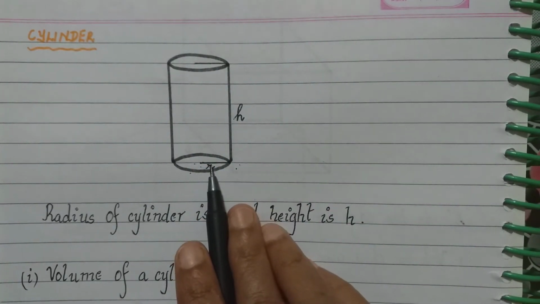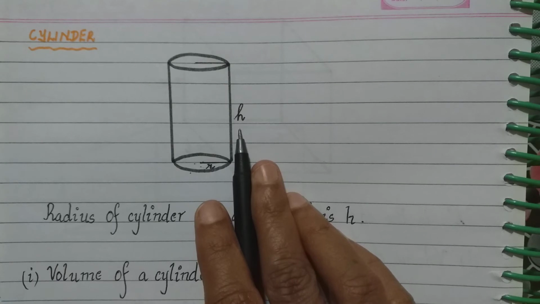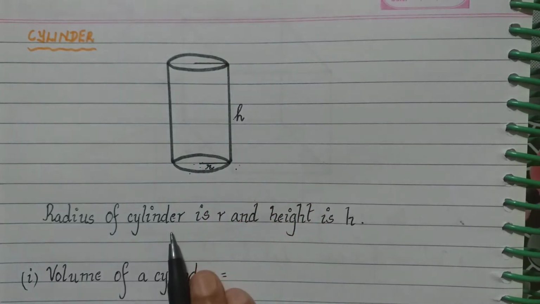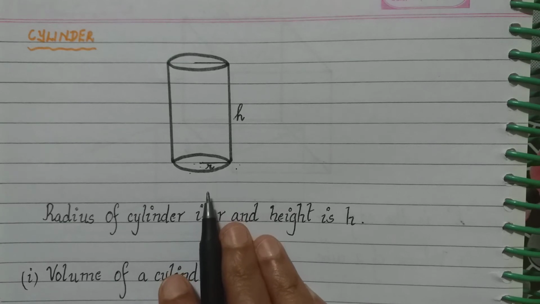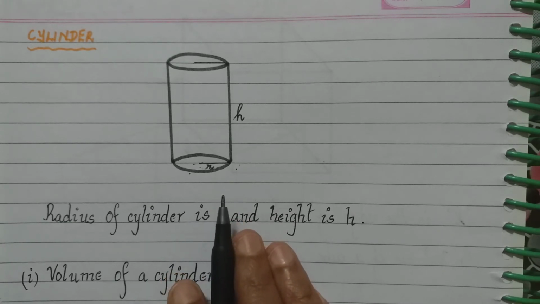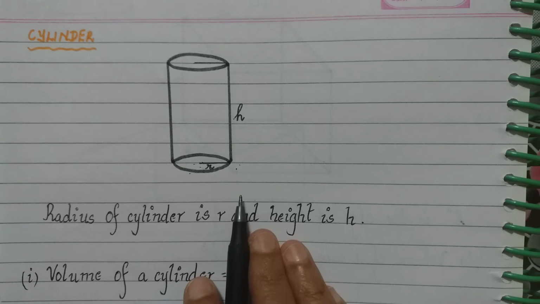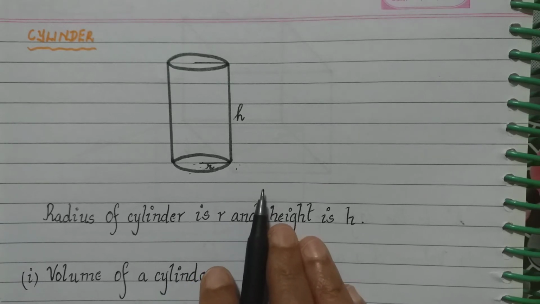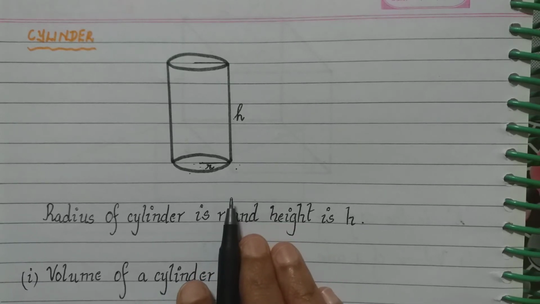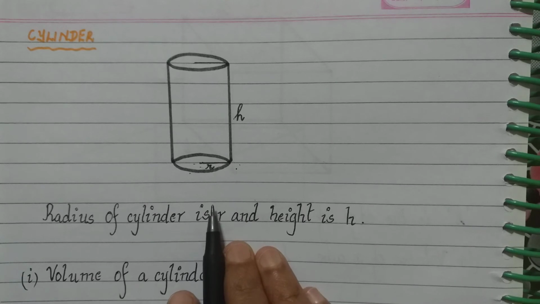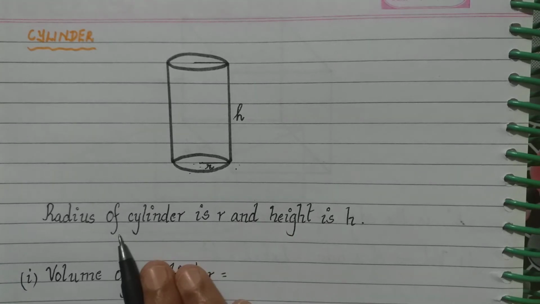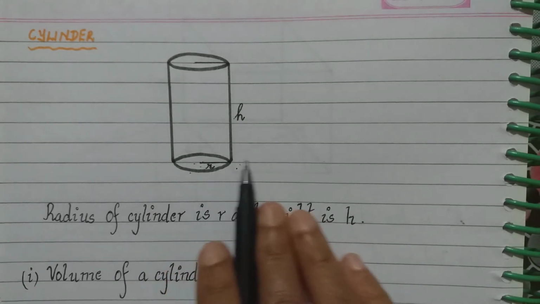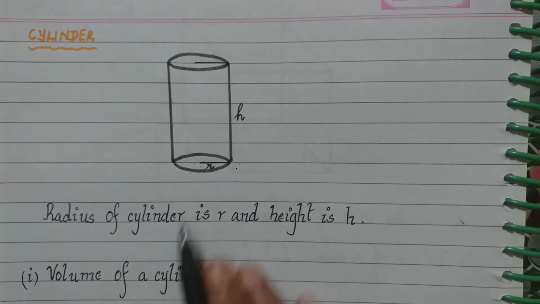So using the radius and the height, we will see what the volume of the cylinder is and also the total surface area of the cylinder. And now we will not consider vertical surface area of the cylinder. Instead, we will say curved surface area of a cylinder. We'll see why.